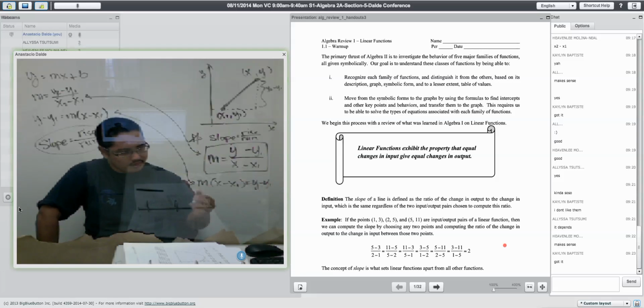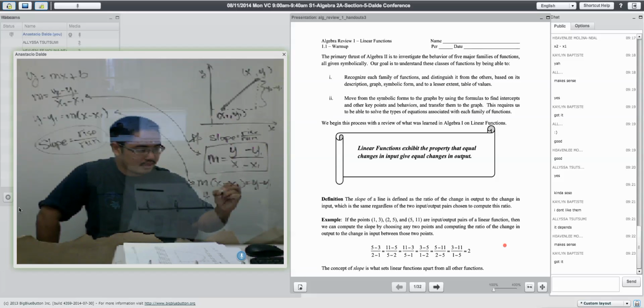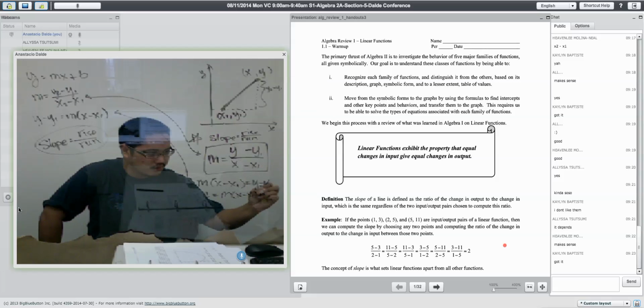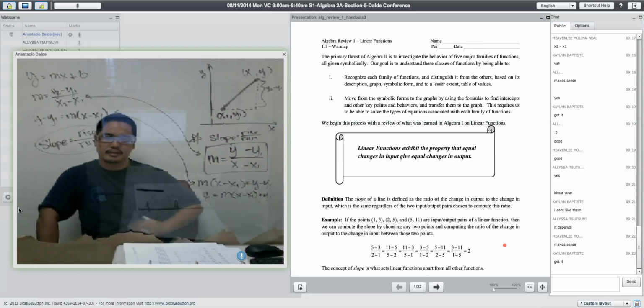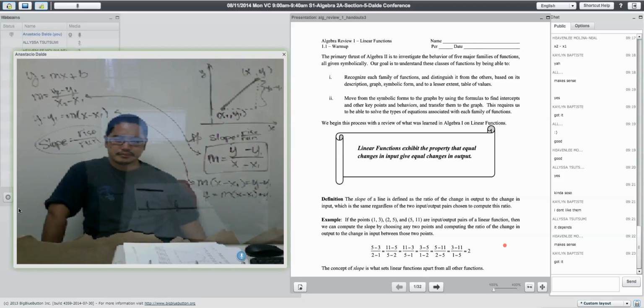So I'm going to kick it over to that side and now have y equals m times x minus x1 plus y1. Everyone agreed? All I did was I added y1 onto that side. Come on, agree, disagree.